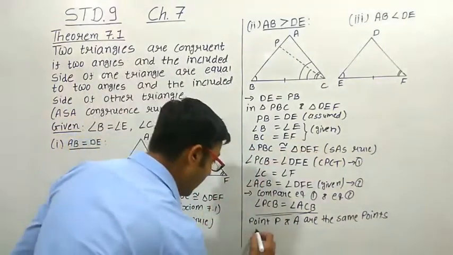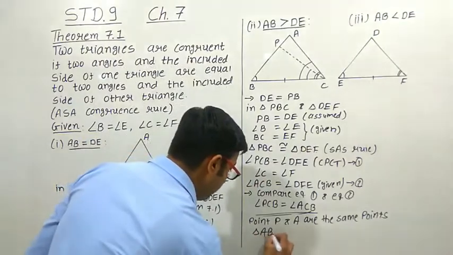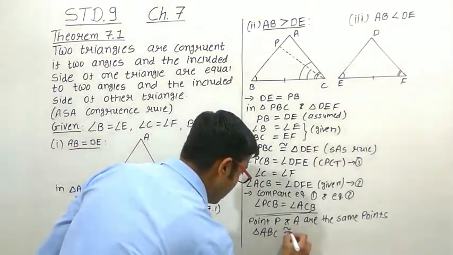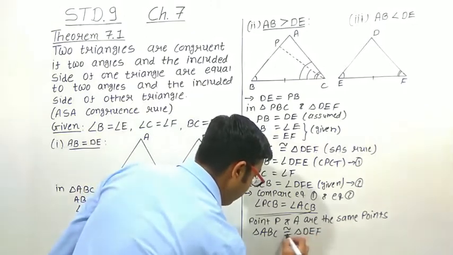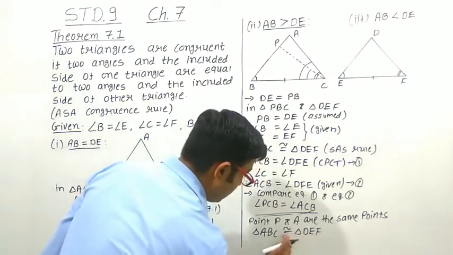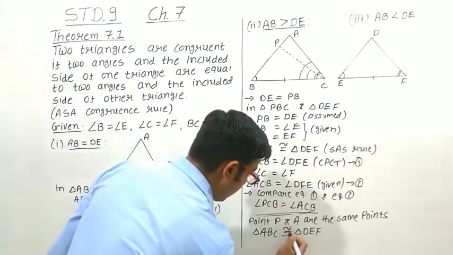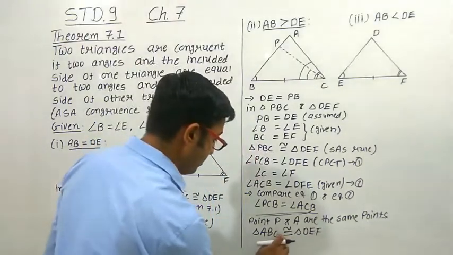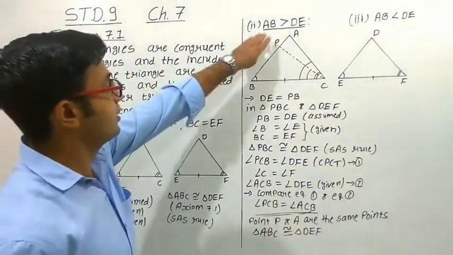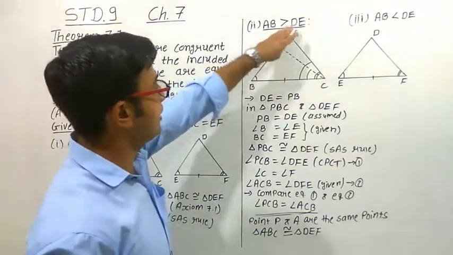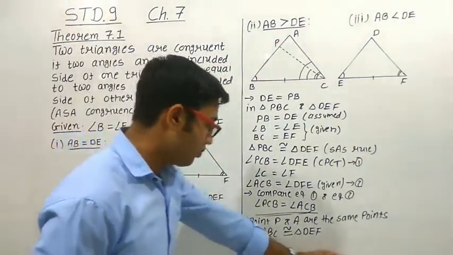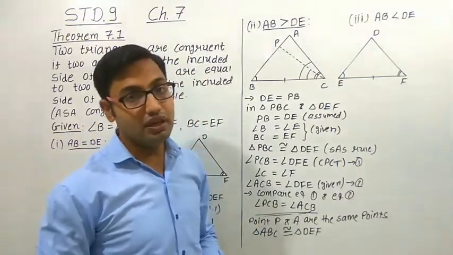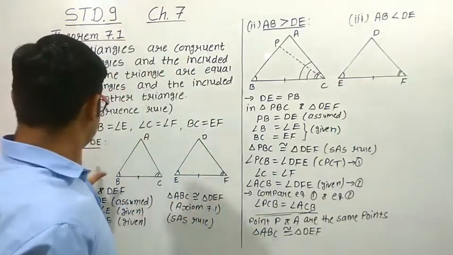So we can write that triangle ABC is congruent to triangle DEF. Right? And this is what we had to prove. So for the second condition, that side AB is greater than DE, here also we have proved that triangle ABC is congruent to triangle DEF.